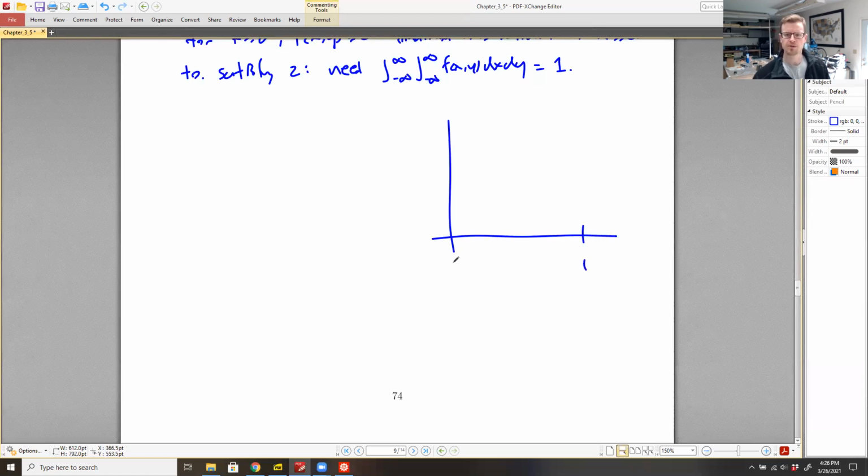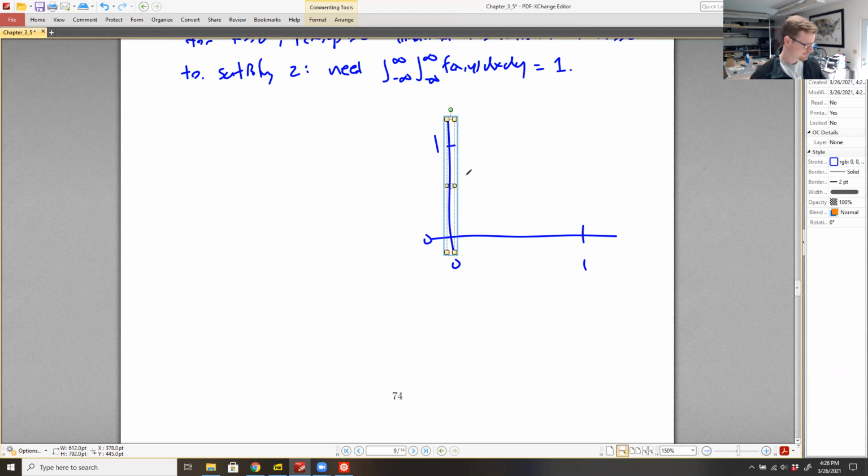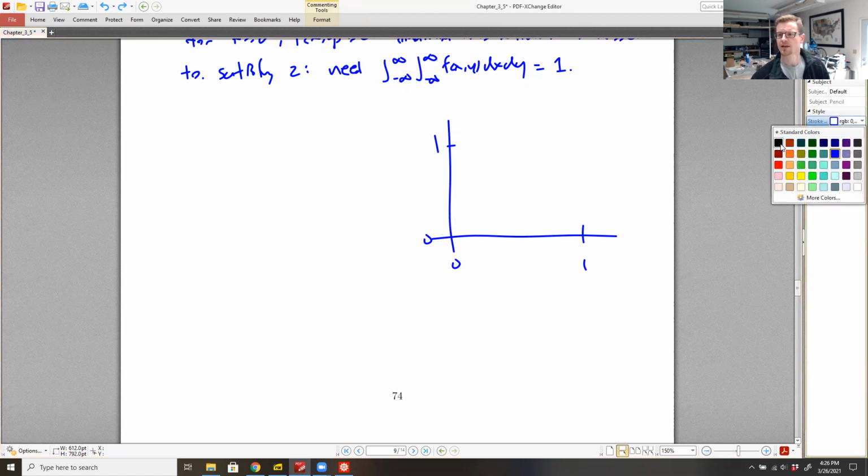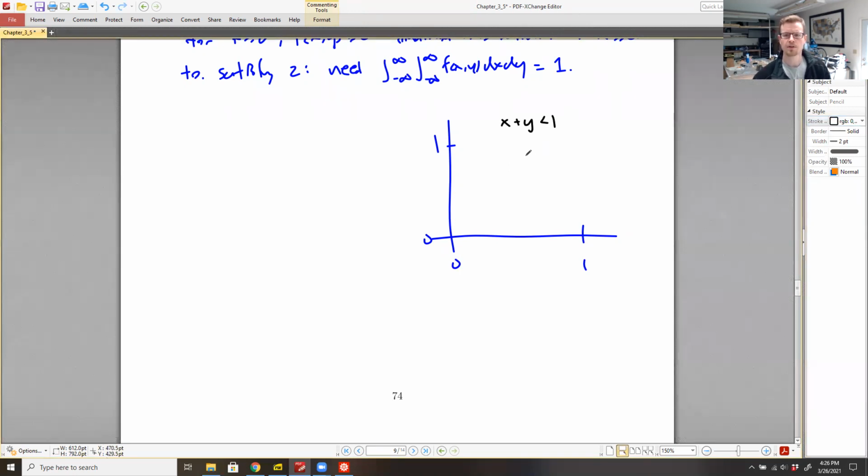I'm working from 0 to 1 and from 0 to 1. And I need positive values of x and y, where the sum is also less than or equal to 1. So I need to have x plus y less than 1.